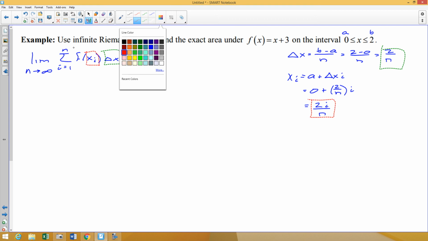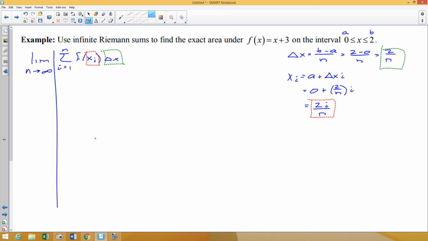So now working out this limit, that's going to be the sum i goes from 1 to n of f of 2i over n times 2 over n. And now we're about to do a whole bunch of algebra. f of 2i over n, we're going to plug 2i over n in for that x. 1 to n, that will be 2i over n plus 3.